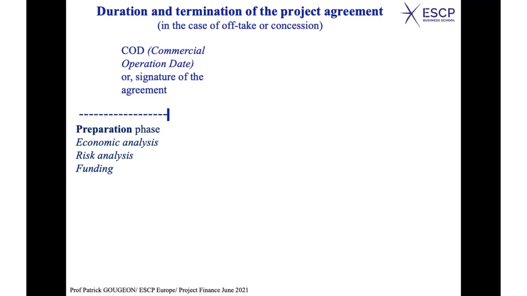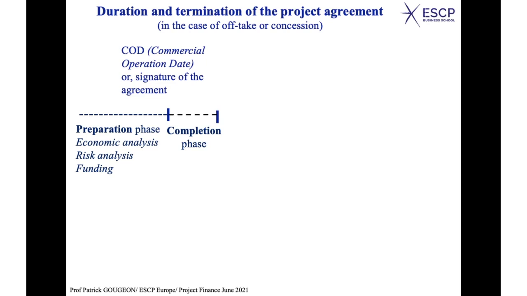Okay. Then you have the completion phase. You start spending money. Okay. You have developed all types of agreements with the banks. Indeed, during the preparation phase, you have to spend a bit of money because there are some surveys and so on which need to be included.